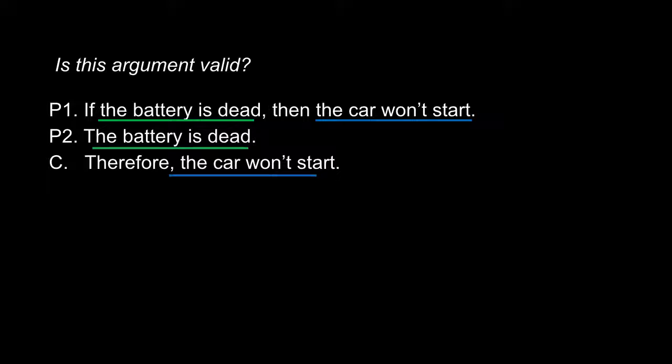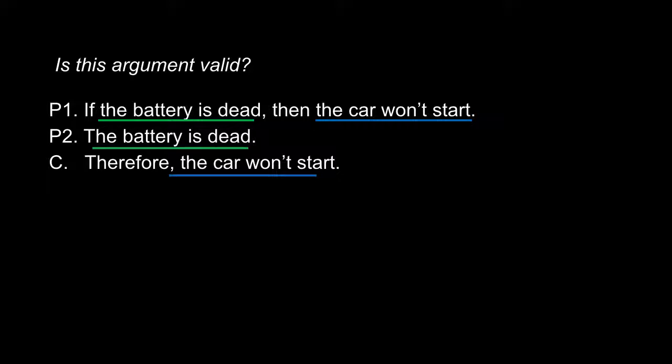But we do it a little differently with conditional arguments than we do with categorical ones. Here we want to replace the smaller statements, the antecedent and the consequent, with letters instead of terms as we did in the categorical arguments. So let's let P stand for the antecedent, the battery is dead, and Q stand for the consequent, the car won't start.